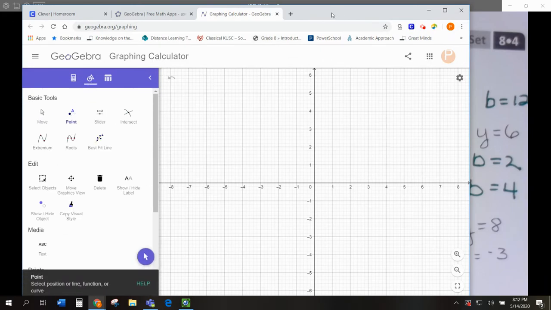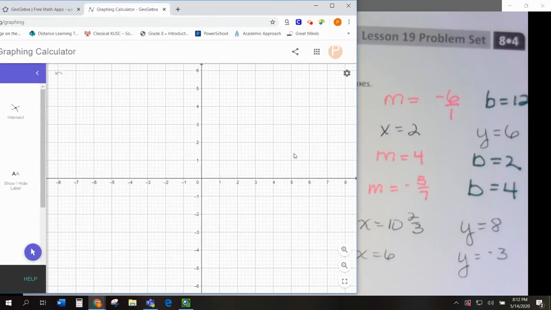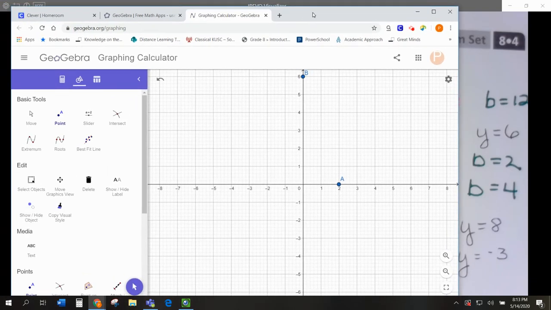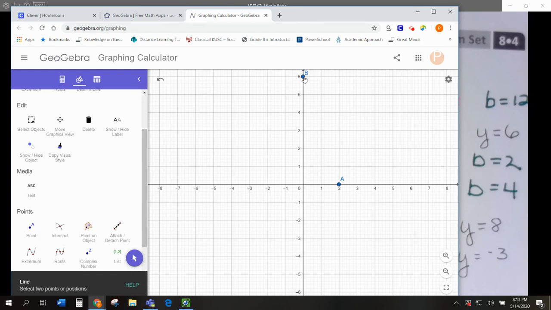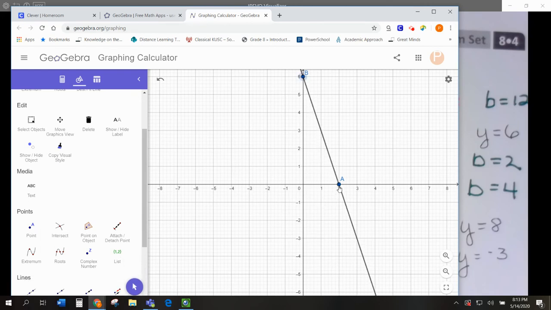On our x-axis, we're going to mark 2. Our y-axis, we're going to mark 6. And then we are going to put a line between them. There you go for number 2.